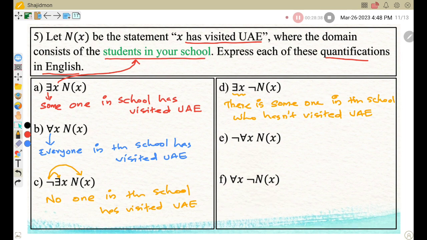Now question E: negation of for all x, N(x). Negation of for all means not everyone, correct? Negation means not, all means everyone: not everyone in the school has visited UAE.